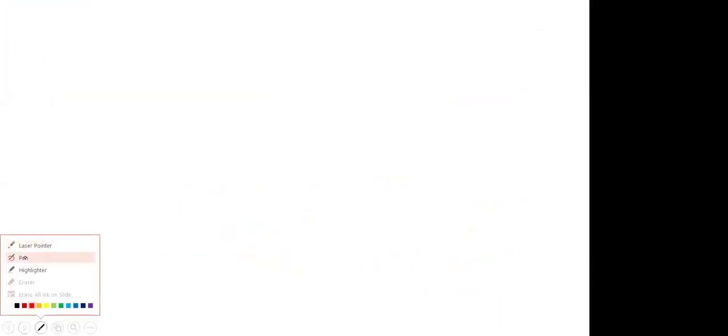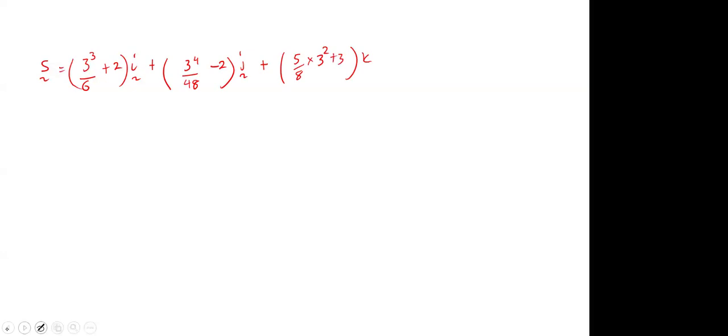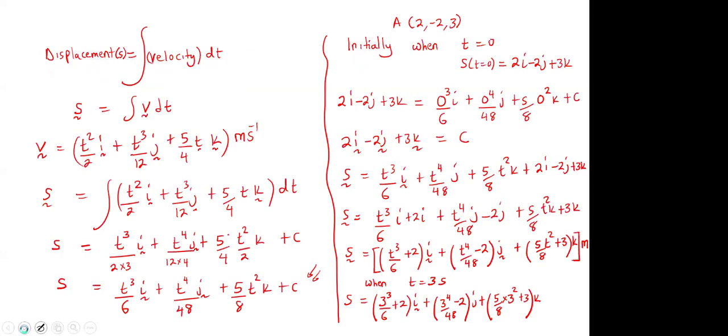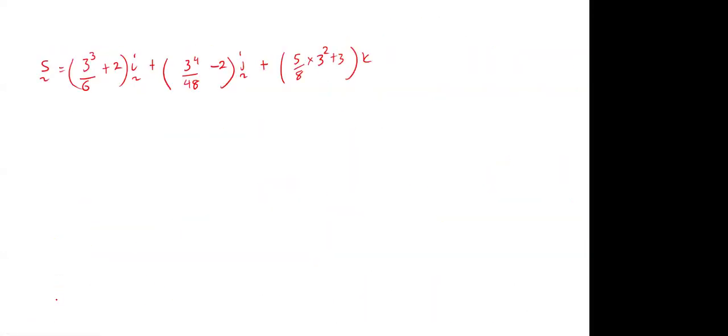remember our S was (3 cubed over 6 plus 2) i, plus (3 to the power 4 over 48 minus 2) j, plus (5 over 8 times 3 squared plus 3) k. Now, you use your calculator. There's no problem.